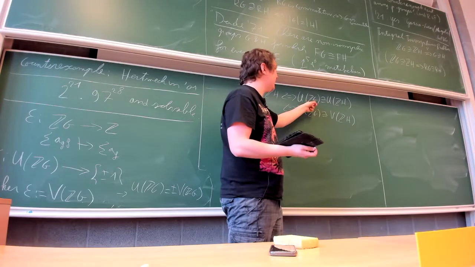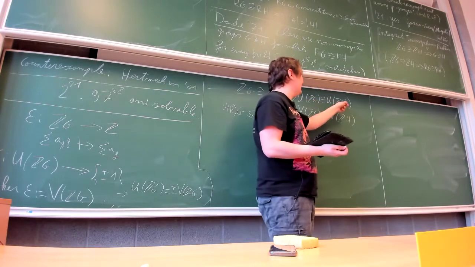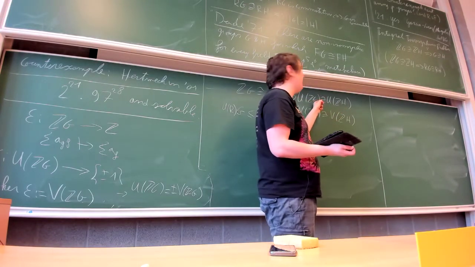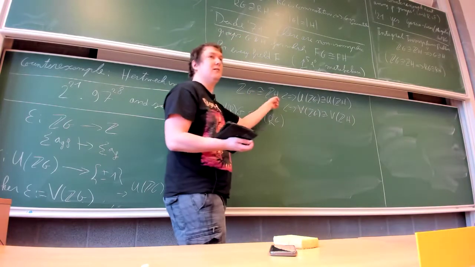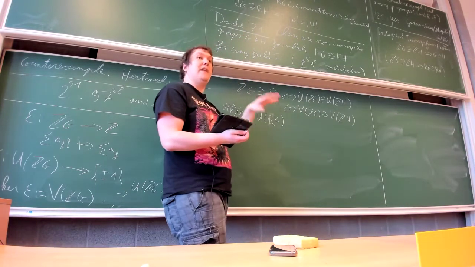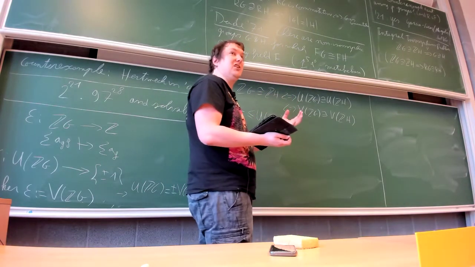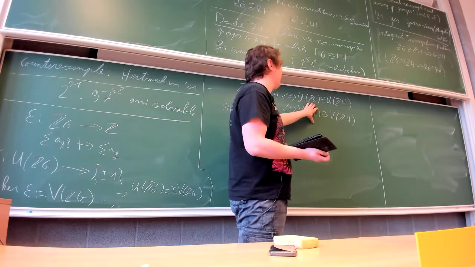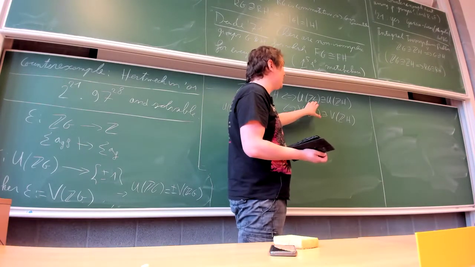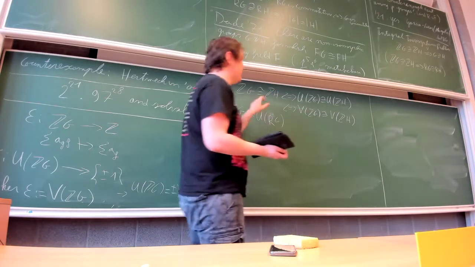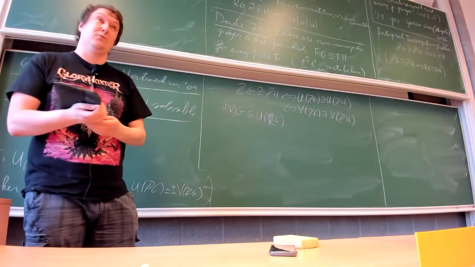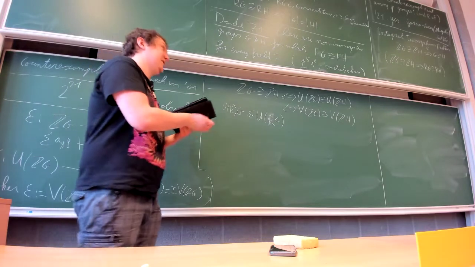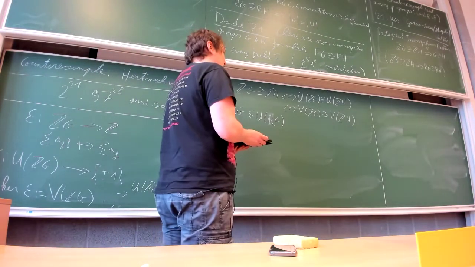And if you can find a subgroup which has the same order as G, then you've basically found an isomorphism between those two things. This is not a triviality, but it's actually true. This is again highly non-trivial, but this actually works.